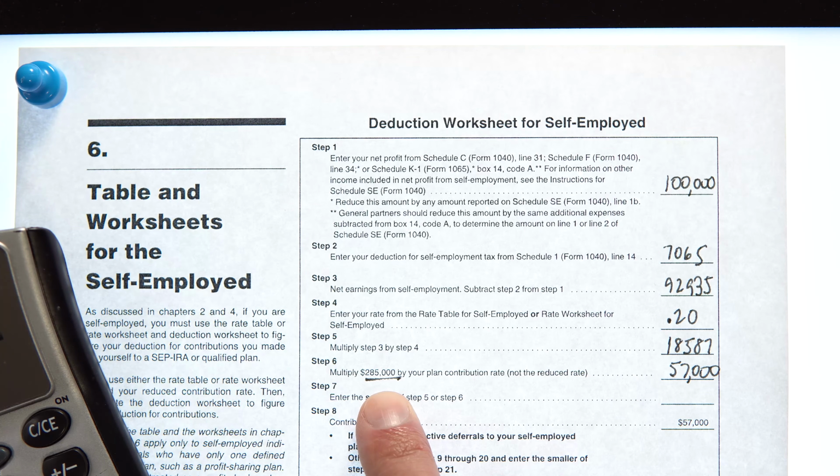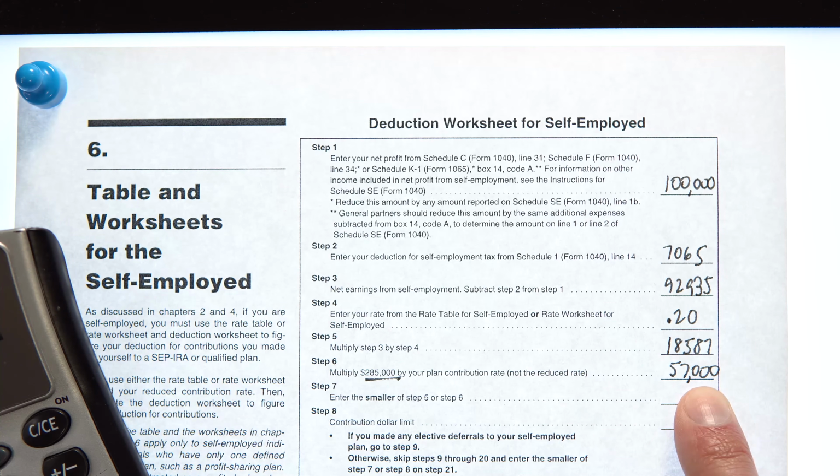So this is if you have another job or you have a W-2 income and you also have a retirement plan, then you have to account for it going through this calculation. So that's where this number is coming from, and that's why it's 57 here. And you'll see it right down there. It's 57 there because that is the max contribution. So if this number was smaller, again, it would be another one of those caps that you're going to deal with. But for this walkthrough, it's going to be 57,000.